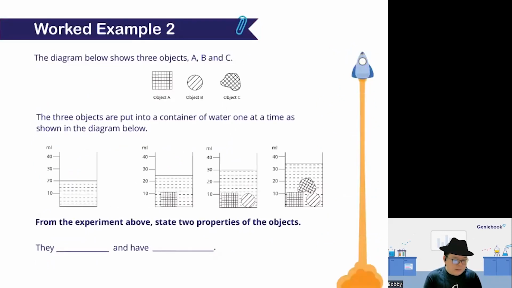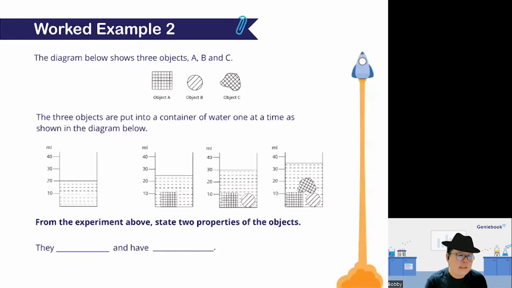Now, based on the experiment above, here is another worked example. Based on this worked example, what do we know about the two properties of object A, object B, and object C? Once again, what are we using? We are using a measuring cylinder, or a container of water.